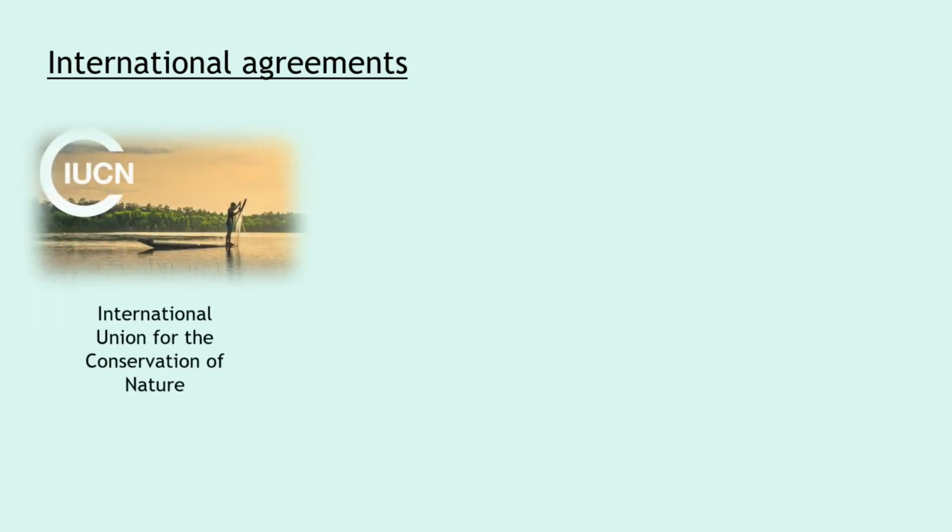And lastly, now we need to think about some international agreements and treaties that are made to maintain biodiversity. It is quite obvious that animals and plants don't respect countries' borders, and so countries need to work together to maintain biodiversity. So first of all, we have the International Union for the Conservation of Nature. This is essentially one of the largest and most important global authorities that oversees all the international treaties and regulations for maintaining biodiversity.